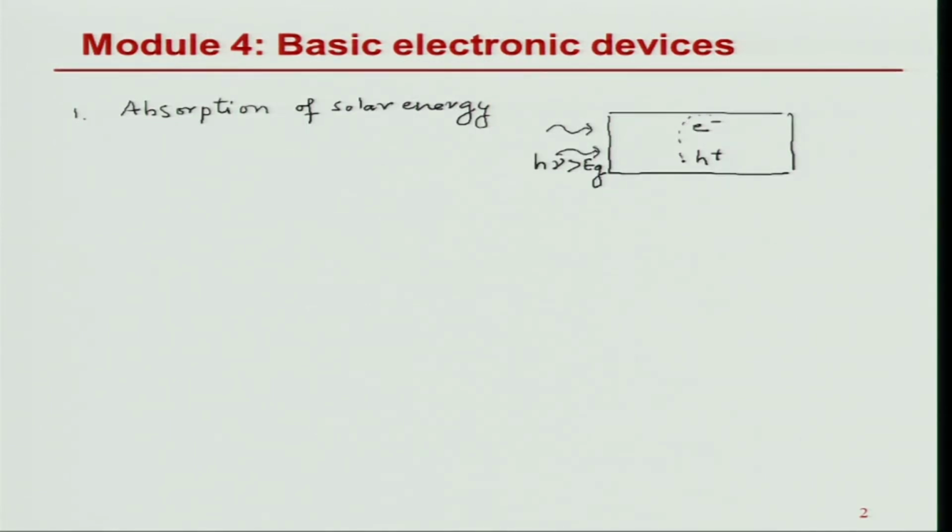Generally this electron hole pair, when it is generated, is bound to each other, but it is possible to free them, and that is the second step. From absorption of solar energy we create what is called an exciton, in which the electron and hole are still bound to each other, and the second is from the exciton we create free electron and holes.